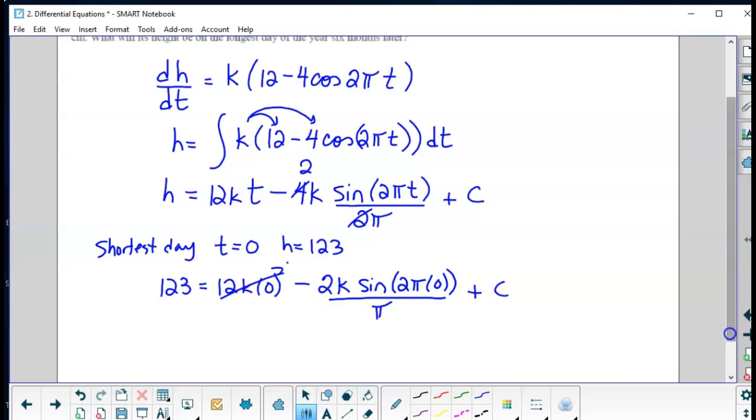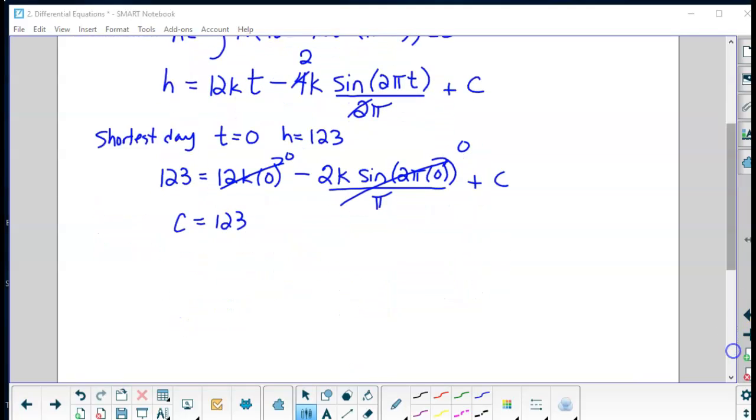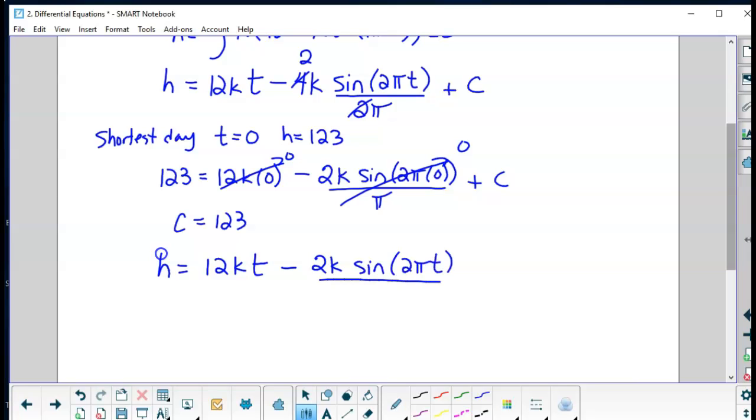So that goes to 0. Sine of 0 is 0, so that goes to 0. So c is 123. Doesn't matter what k is. Write my equation: h equals 12kt minus 2k sine 2 pi t all over pi plus 123.